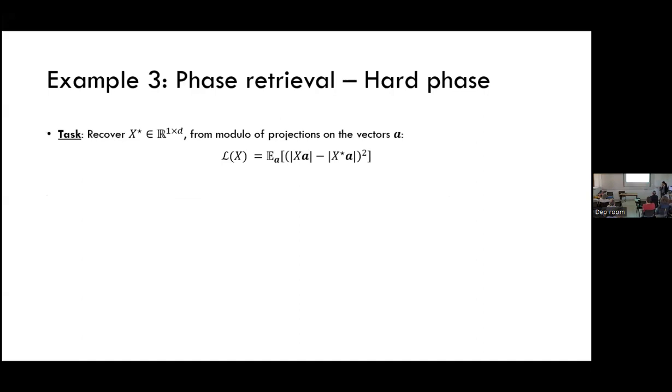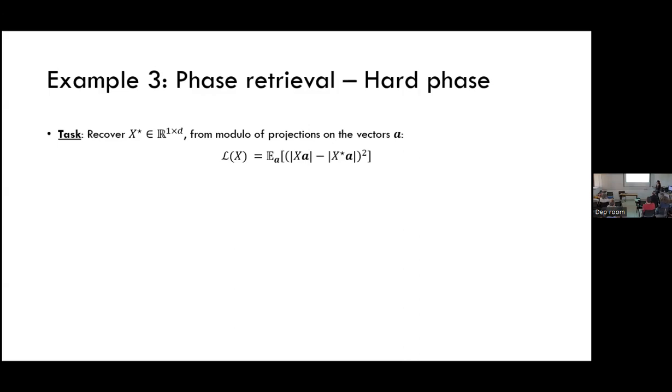The last example that I want to show is related to a problem that is not convex. This is a well-known example in the context of machine learning. It's called phase retrieval. The idea is that I want to recover my vector x star, but I'm just getting projections of it, so I don't know what the phase is.